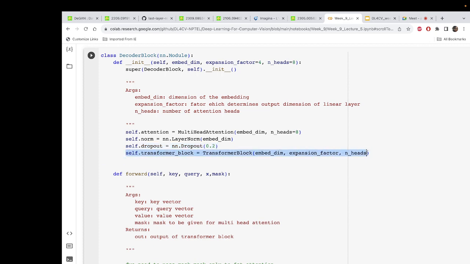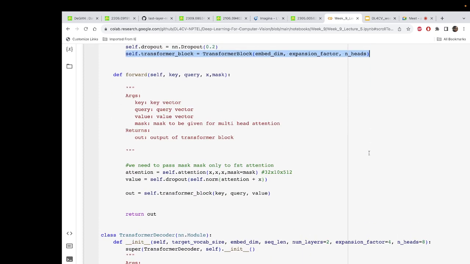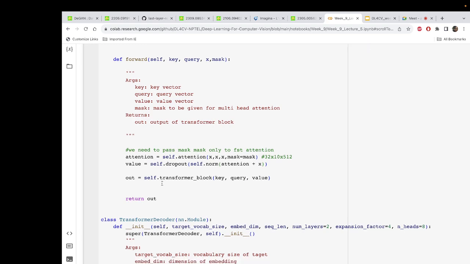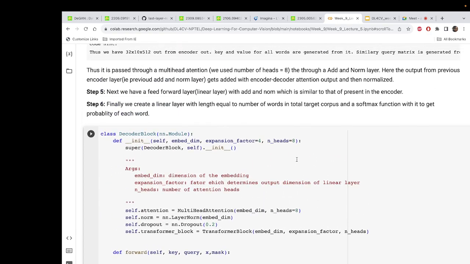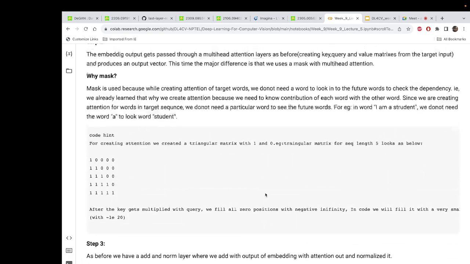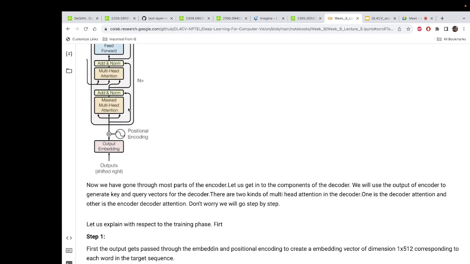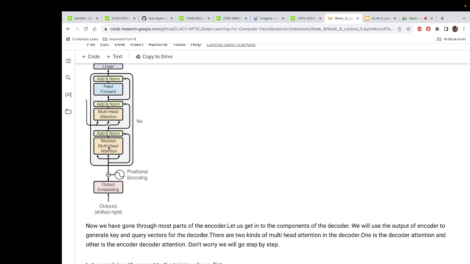In the transformer, right. So, we compute all these things. This decoder block basically describes this part, this part, right.